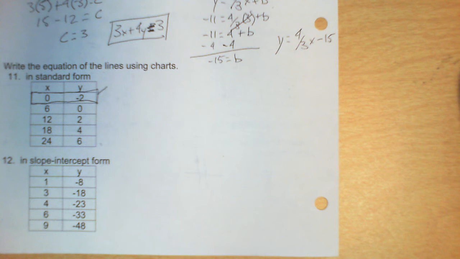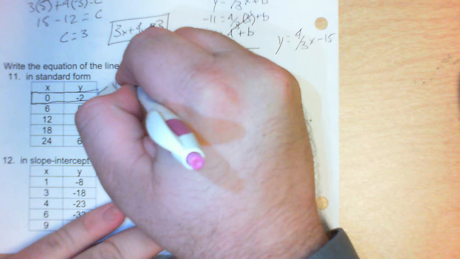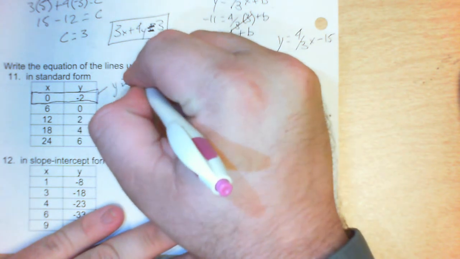0 and negative 2. So it's saying when x is 0, y is negative 2. What very important point is that for us, class? That is on the y-axis. That's the y-intercept, also known as b. Okay?